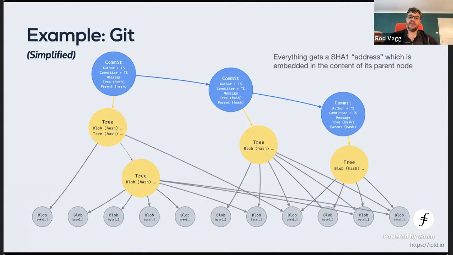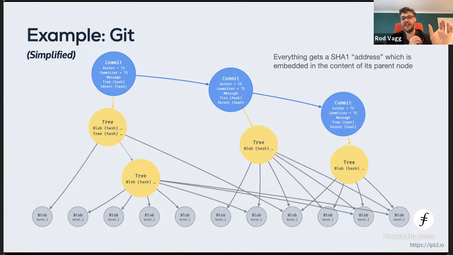The blobs get hashed, and Git uses SHA-1 at the moment. And the SHA-1s get included in these blobs, which point to other blobs, which point to trees and blobs. And you hash them, and you include the hash of these trees within the actual commit. And then you hash the commit to get the commit hash that we're used to seeing in Git.